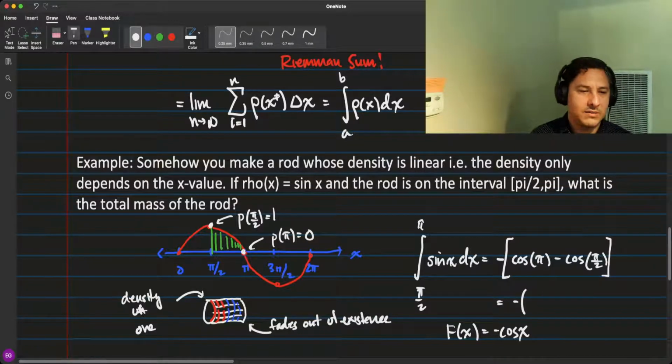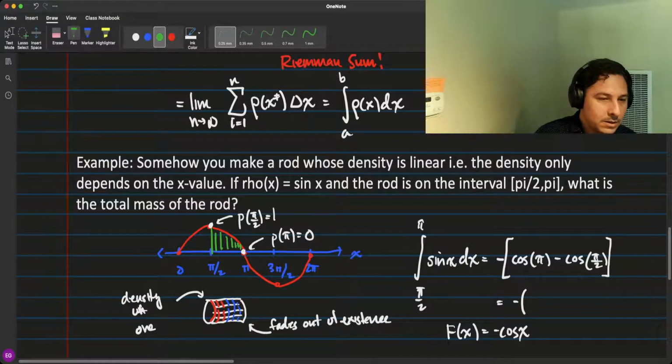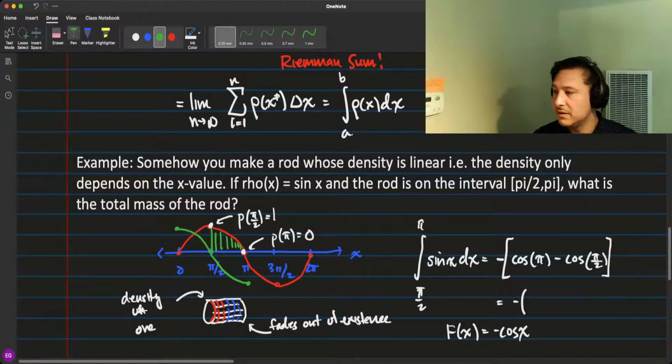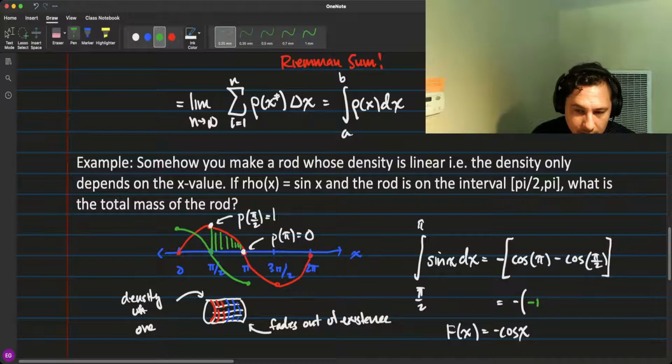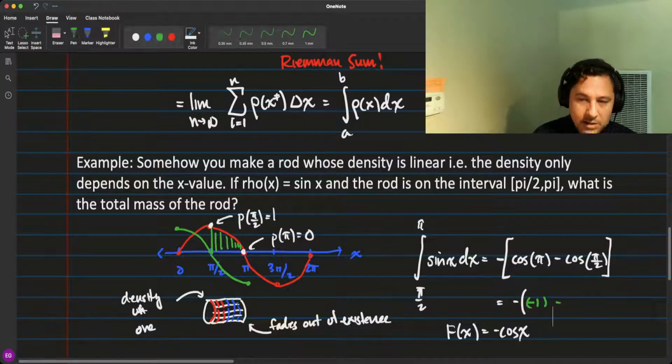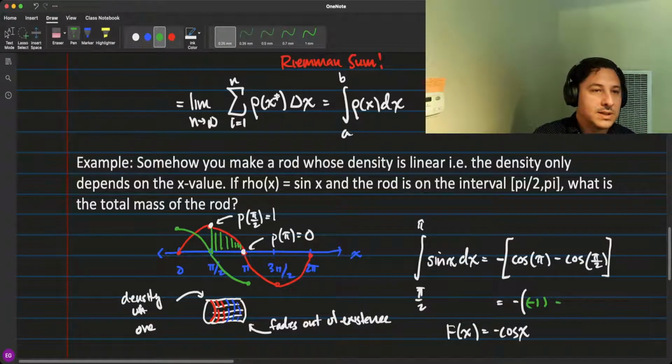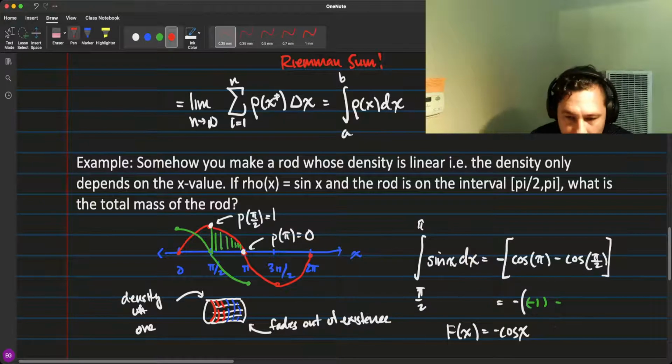And what's the cosine of pi equal to? If you draw the cosine function, the cosine of pi is -1, right? And then you subtract cosine of pi over 2. What's the cosine of pi over 2? 0.